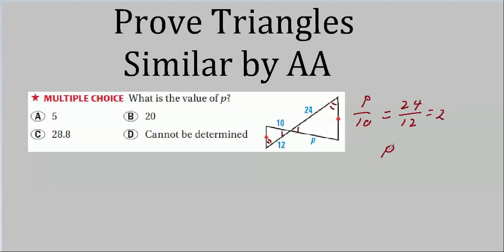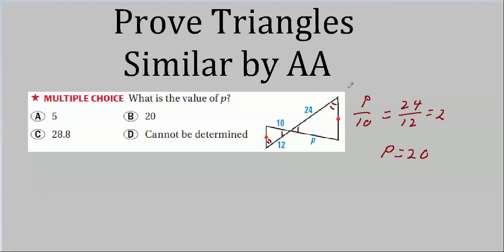So P equals 20. Kind of makes sense. We doubled this one, so we doubled this one. The trick of this one was spotting, remember, you had two parallel lines here.